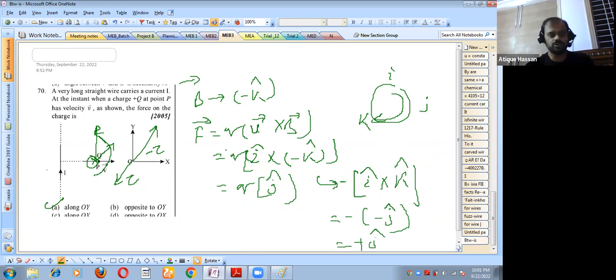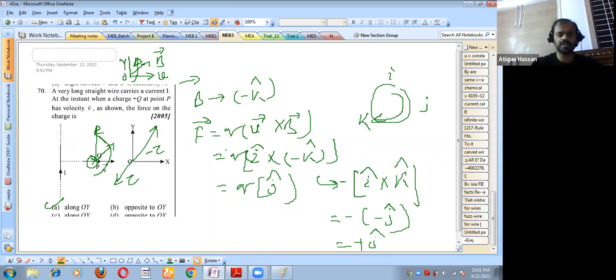Or you can see also from the diagram; generally I avoid using I, J and K directly. You can see here V is along this direction and B is along this direction. So what will be the direction of V cross B? Obviously it will be along this direction, OY.